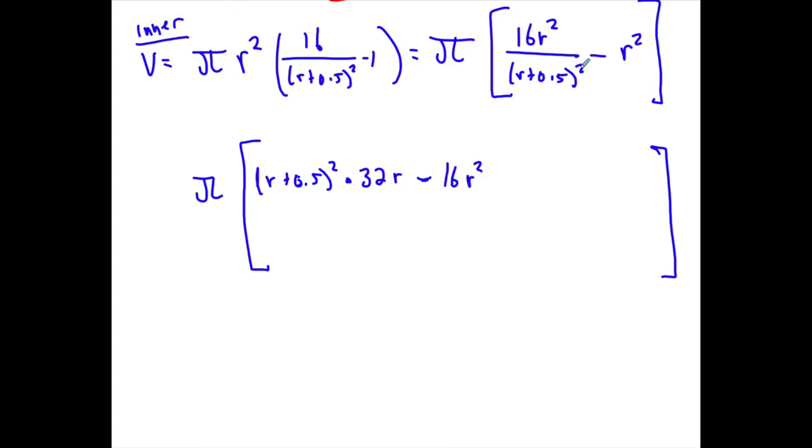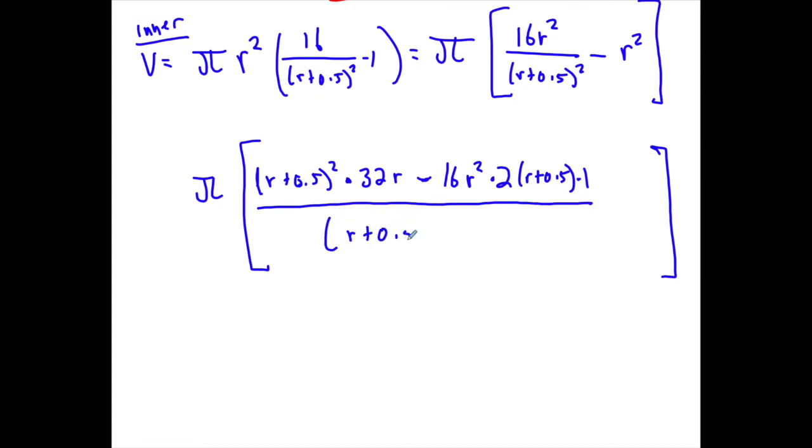Now d low, so you bring down the 2, drop that to 1, and then you technically have to execute the chain rule, but the derivative of r plus 0.5 with respect to r is 1, so you could either write times 1 or you could leave it alone. It doesn't really matter, because multiplying by 1 doesn't affect anything. Over r plus 0.5 squared, so it's to the power of 4.